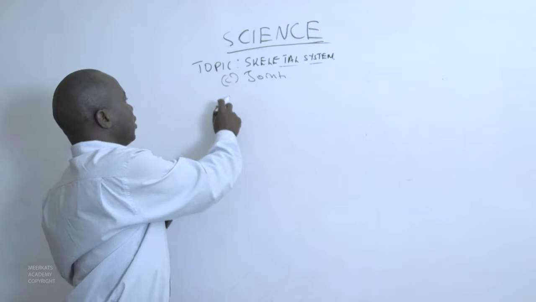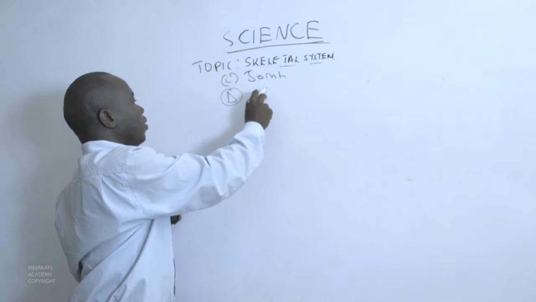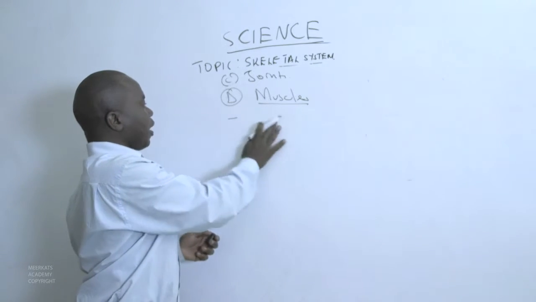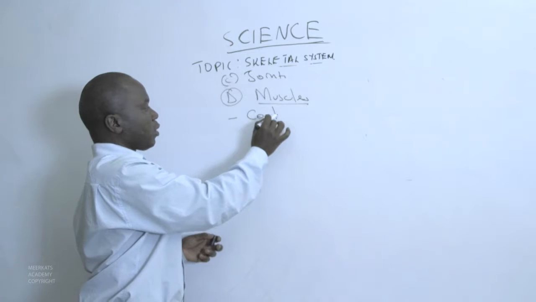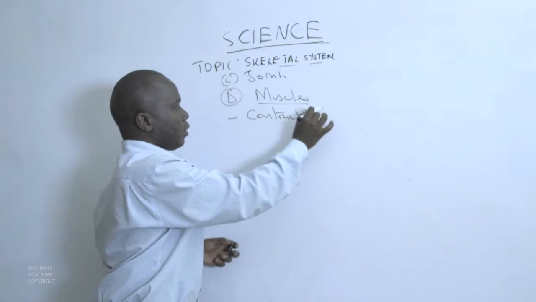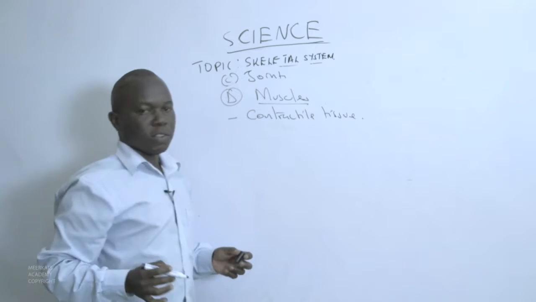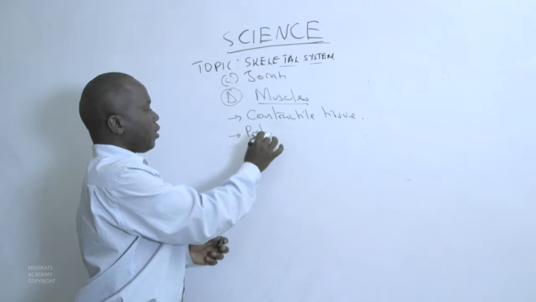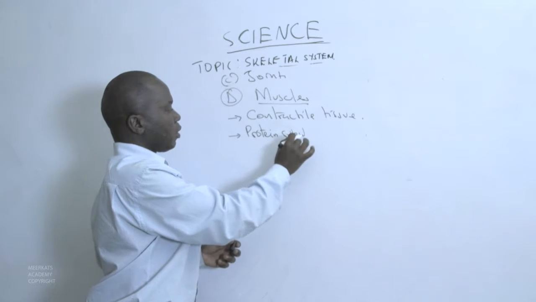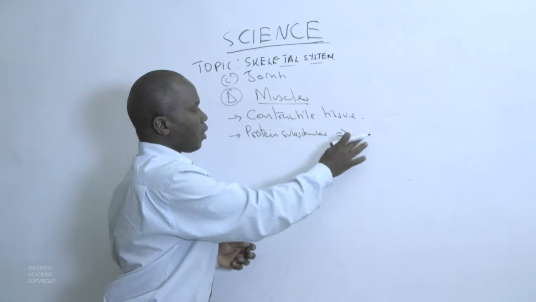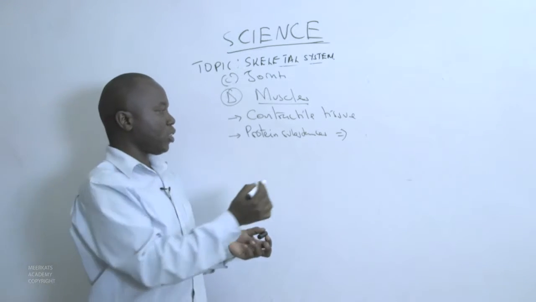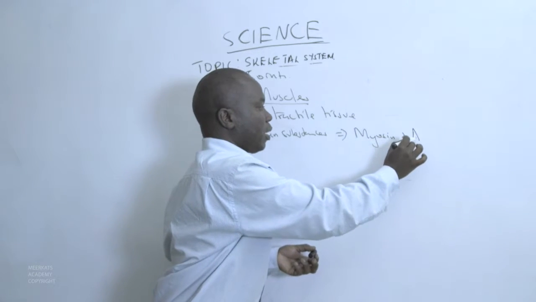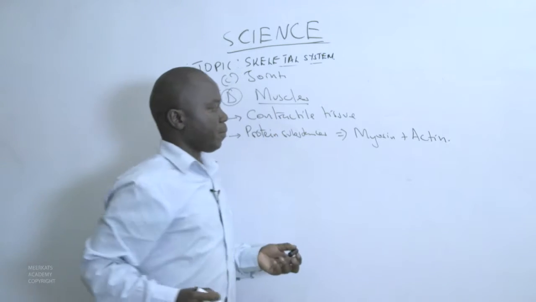Then the last part of the skeletal system is muscles. Muscles are mainly made up of tissue, and this tissue is a contractile tissue. It has protein substances, two of them, that bring about contraction and relaxation, called myosin and actin.